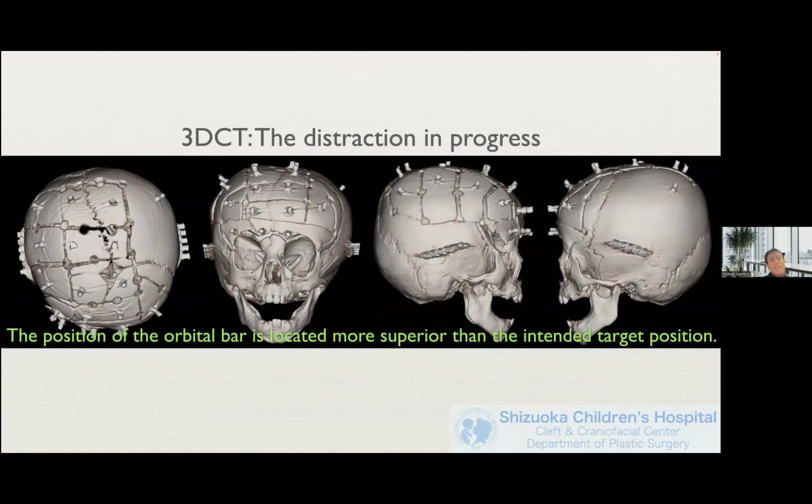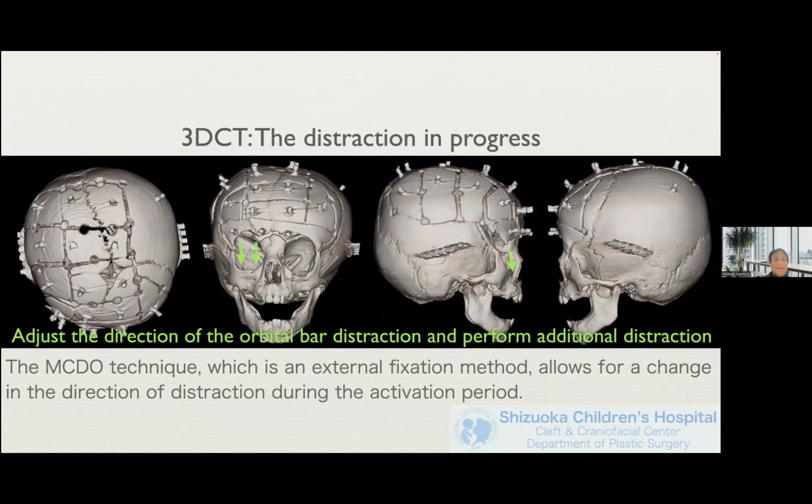This is the 3D CT image after distraction is complete. The position of the orbital bar is located more superior than the intended target position. We adjust the direction of the orbital bar and perform additional distraction.